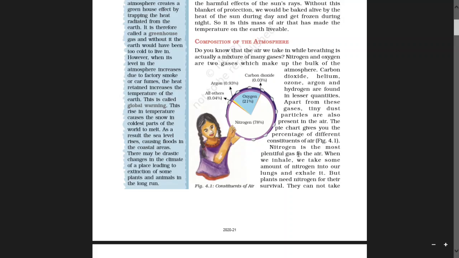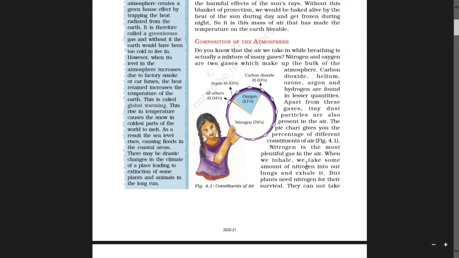Nitrogen is the most plentiful gas in the air. Here boys, in the pie chart you can see nitrogen is 78%. This is the maximum in quantity.